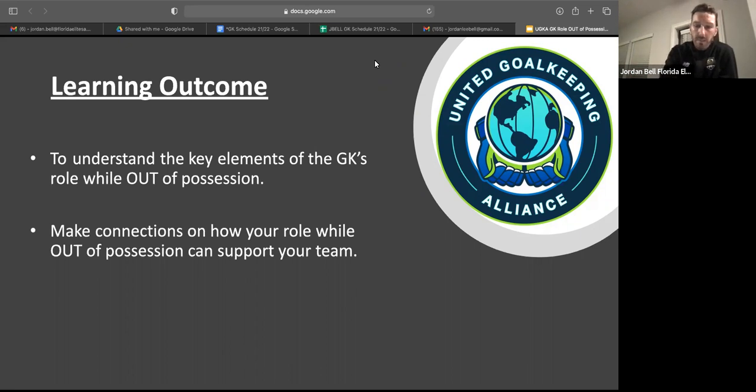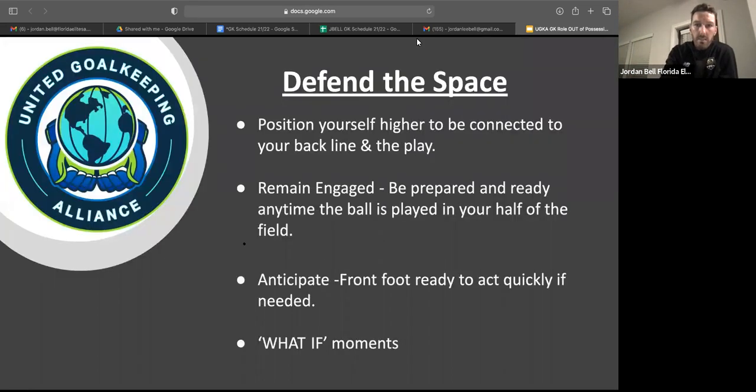So let me see here. There we go. So everybody just read this slide as I'm talking. So defend the space. I want you to think right now, you've got a back 4 on the halfway line, and we're going to look at a video in a second in the next slide. But if your defenders are standing on the halfway line, and you're at the top of your box, there's going to be a lot of space between there.